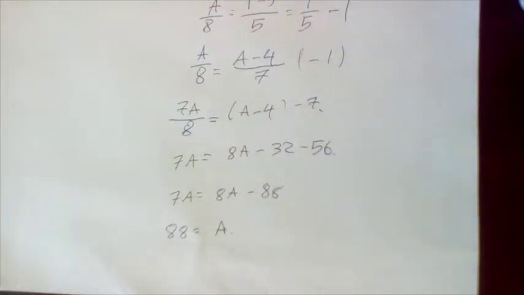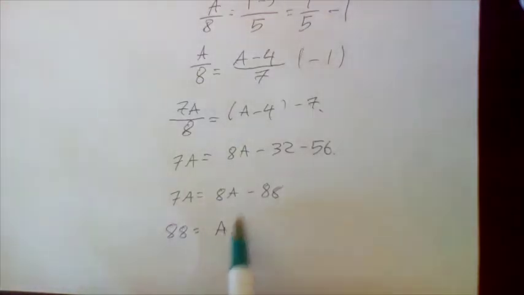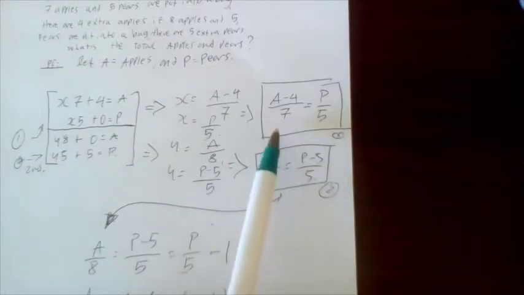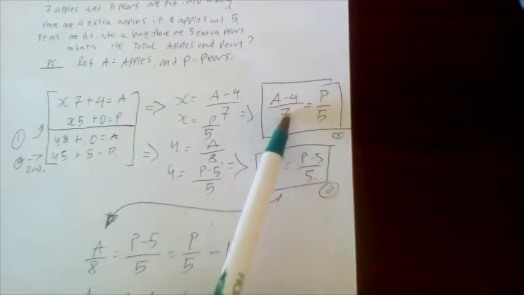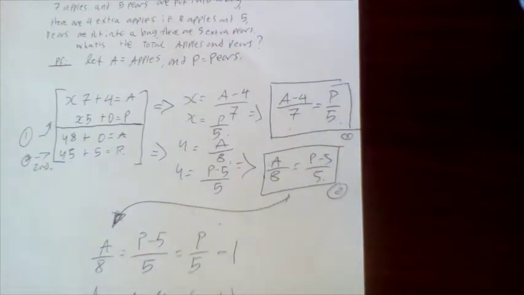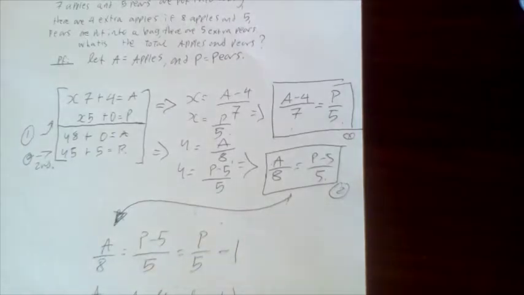But we're not done yet. Now we're going to put this in one of the relationships up here, from (A minus 4) on 7 equals P on 5.